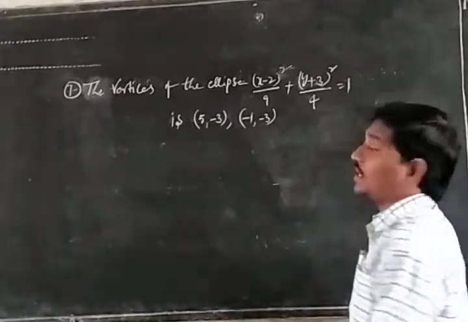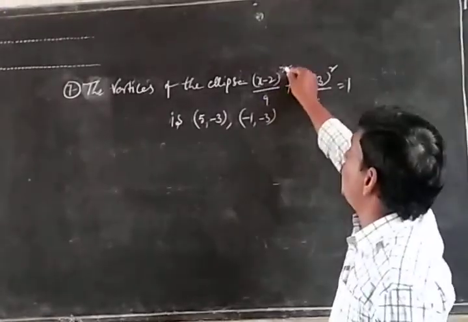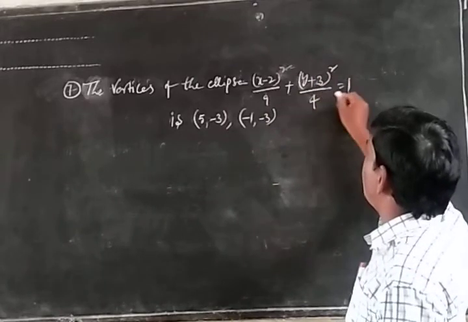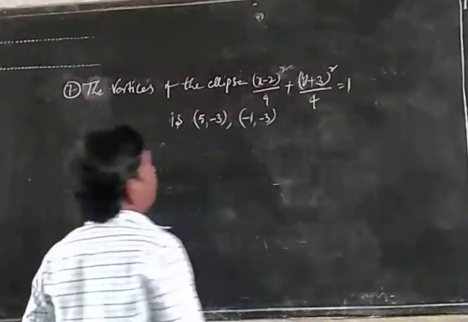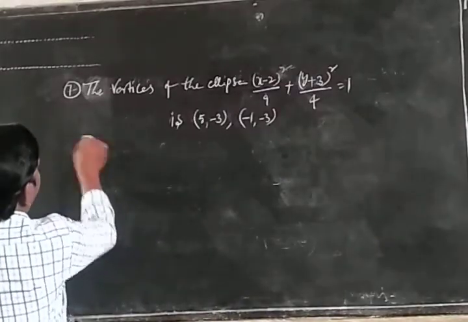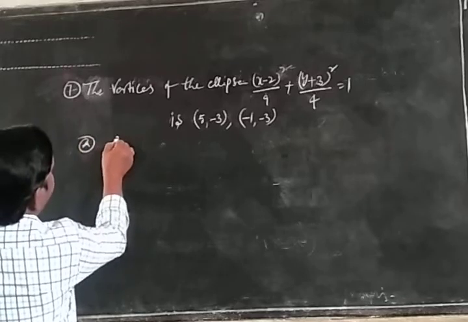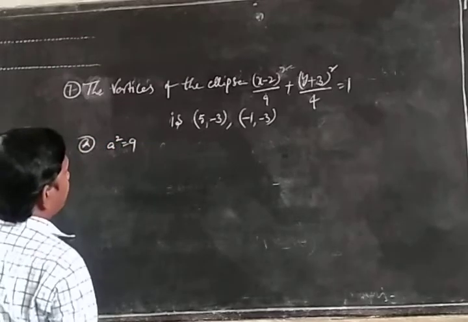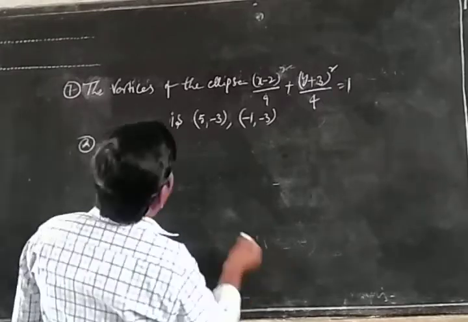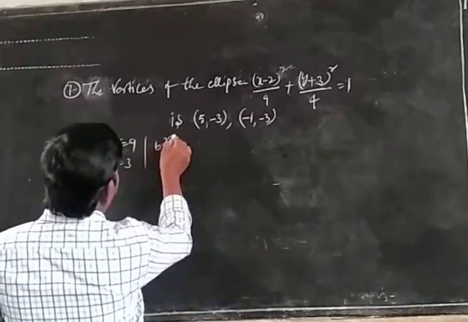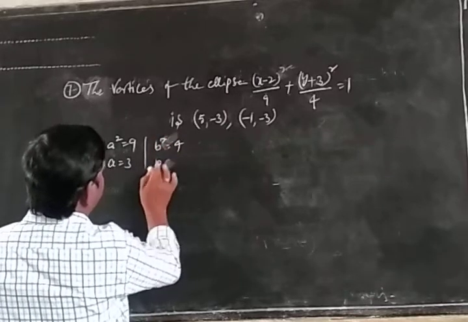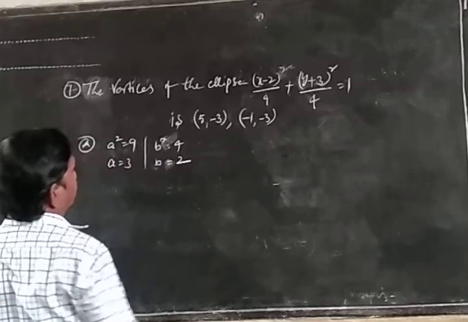The vertices of the given ellipse (x minus 2) whole square by 9 plus (y plus 3) whole square by 4 equal to 1. So here, in the given ellipse, a square equal to 9, a equal to 3, and b square equal to 4, b equal to 2.